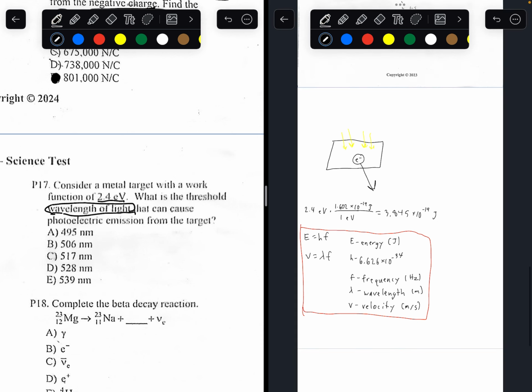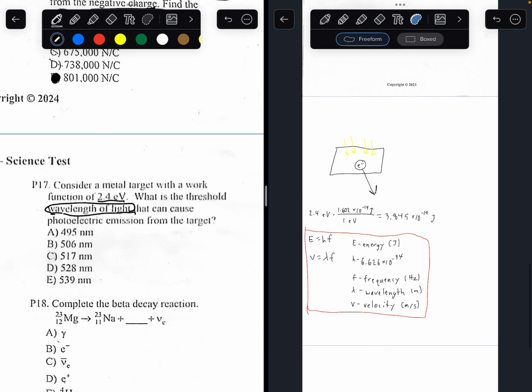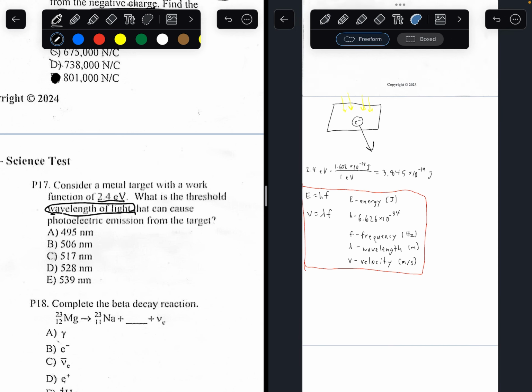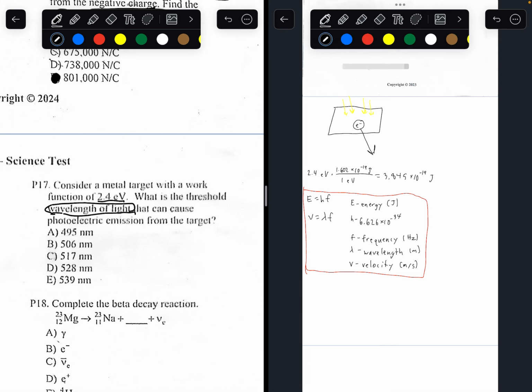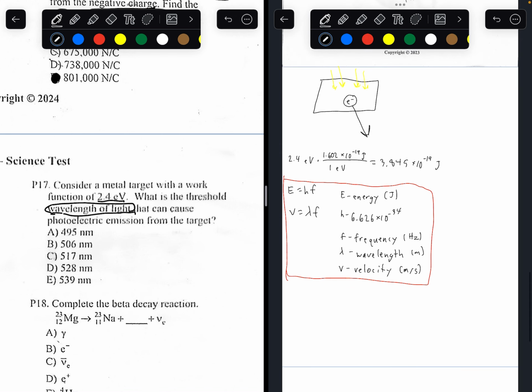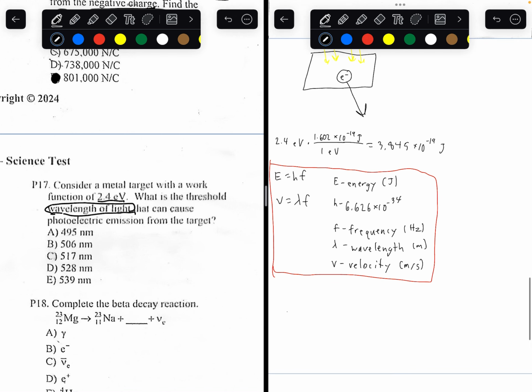So we know the minimum energy is equal to 3.845 times 10 to the negative 19 joules. So 3.845 times 10 to the power of negative 19 equals Planck's constant times frequency. We use this formula at the top. We know velocity equals wavelength times frequency.